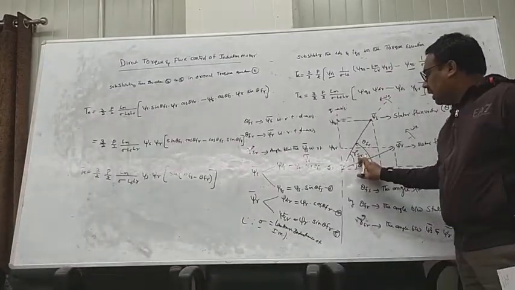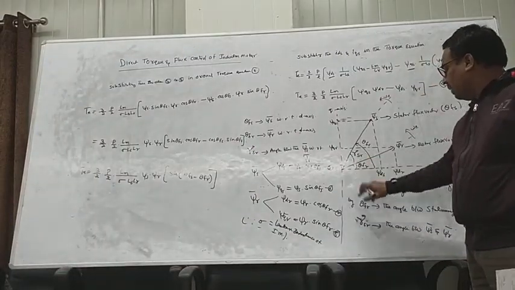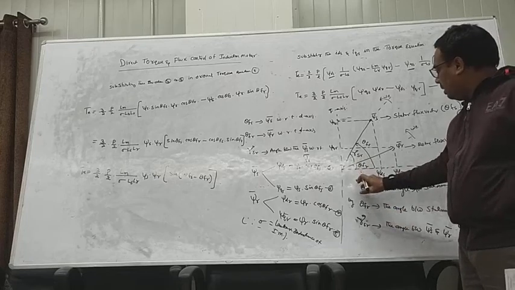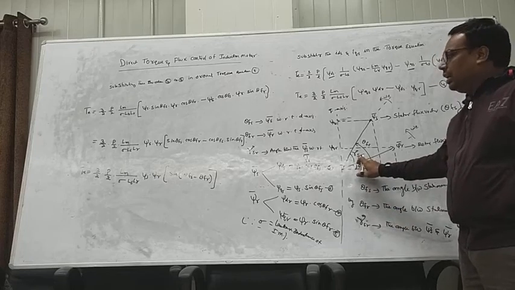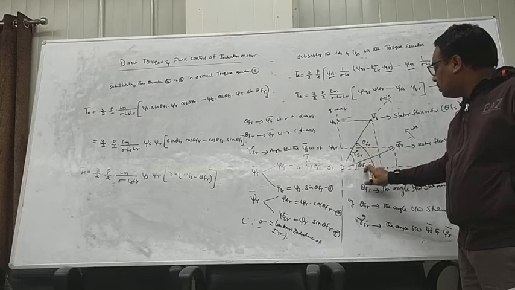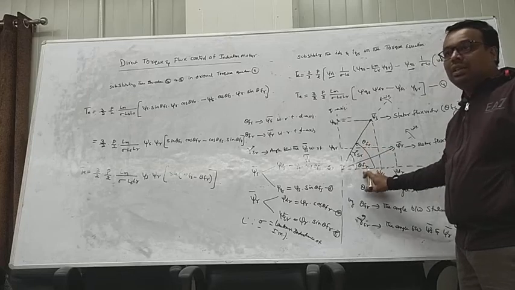This gamma Sr, if you verify the vector diagram, gamma Sr is the difference of theta Fs minus theta Fr.